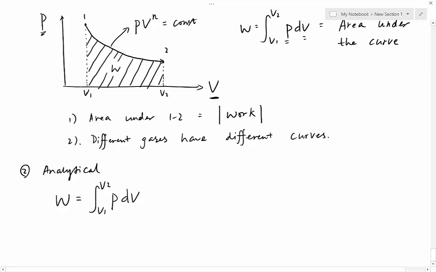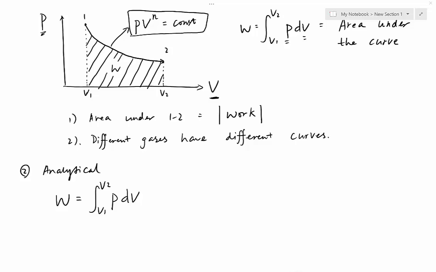This is the equation of this line, just like y is equal to ax plus b is a straight line. This curve can be written into this equation. P is pressure, V is volume, index n depends on what kind of gas you have, and is equal to constant.